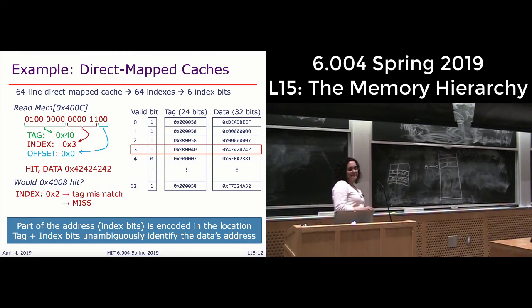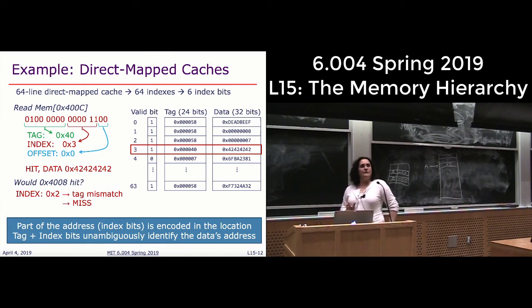The only thing that changes when I switch my address from 400C, which ends in 1100, to 4008, which ends in 1000, is that my index is now 2. So if I go and look at line 2 of my cache, the tag there is 0x58, and I compare that to my 0x40, and they're not equal, so this would lead to a cache miss. Okay?